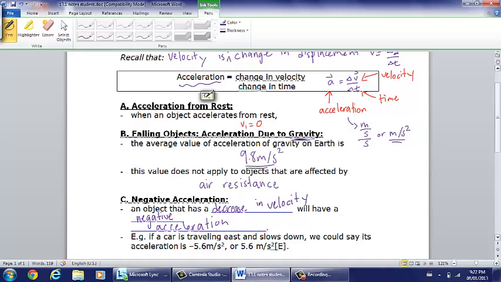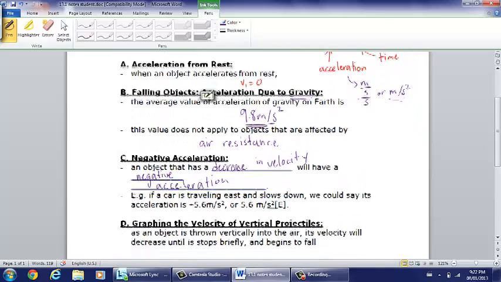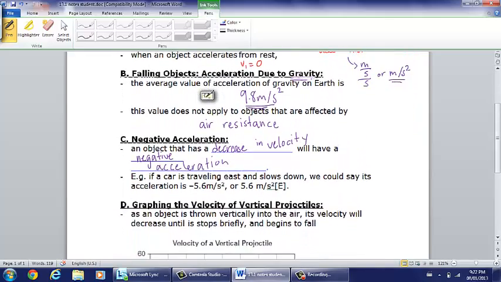So for example, if a car is traveling east and it starts slowing down, then we could say its acceleration is negative 5.6 meters per second squared. It's slowing down in the east direction. Or we could say it's 5.6 meters per second squared west. So it's speeding up in the west direction.